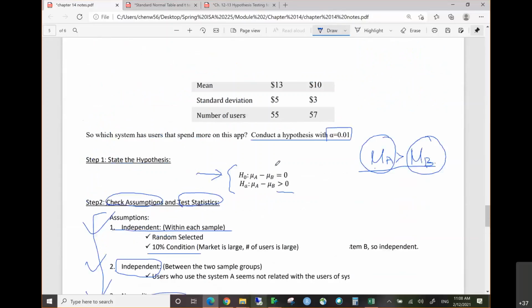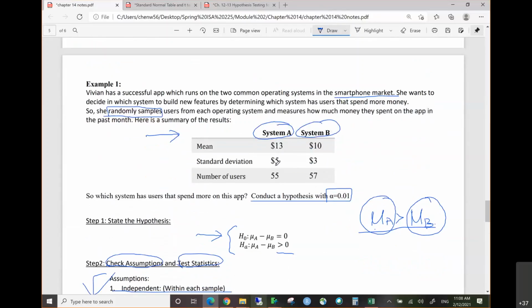And here, since we are testing population means, we need to decide whether to use a t-test statistic or a z-test statistic. We have two options. So which one?